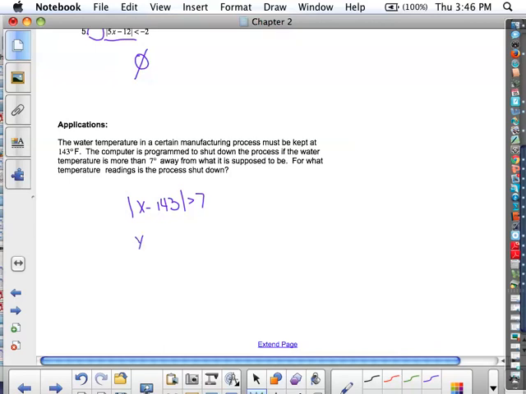So you have x minus 143 greater than 7, and then minus x plus 143 is greater than 7. So when x is greater than 150, or when x is less than 136, then the computer would shut the process down.